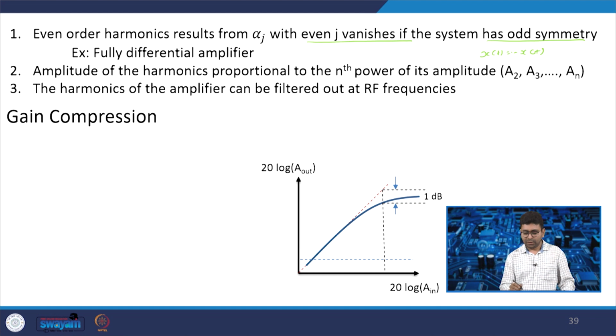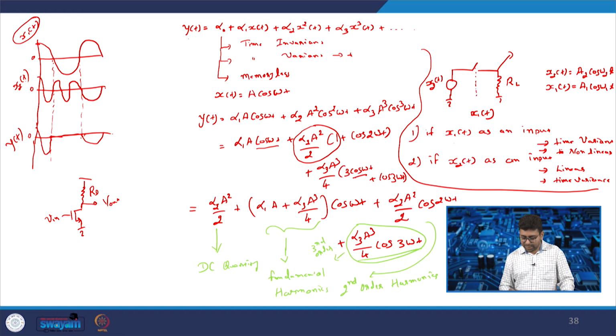So, we will not get the even harmonics, because in even harmonics there is a square term coming, and that will be cancelled out when we differentiate the signal.